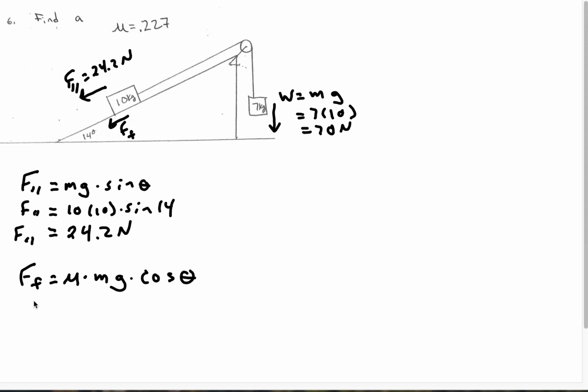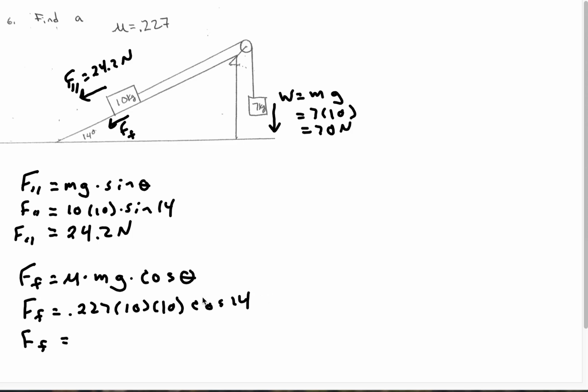So then friction is going to be, mu is 0.227. The weight is going to be 10 times 10. We're just rounding gravity to 10. Times the cosine of 14.